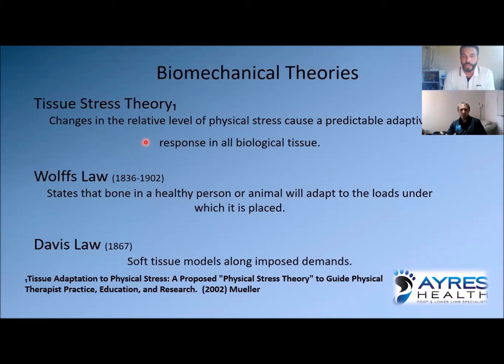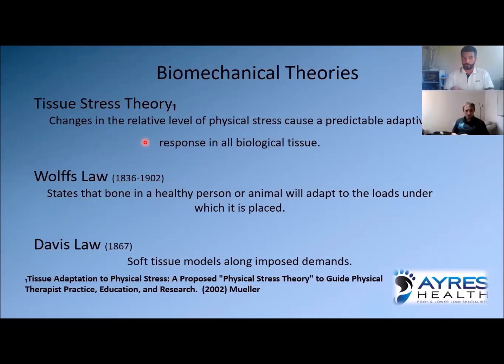And if we reduce any of those stresses on the body, then the body is going to atrophy. Those tissues are going to get thinner and weaker and make the body more subject to injury. So by subjecting the body to different stresses, we can determine how the body is going to adapt and change to those stresses.